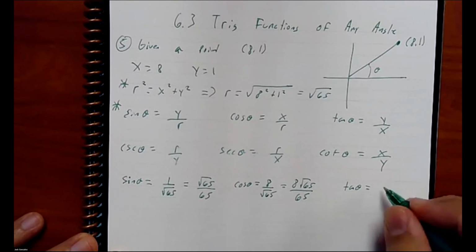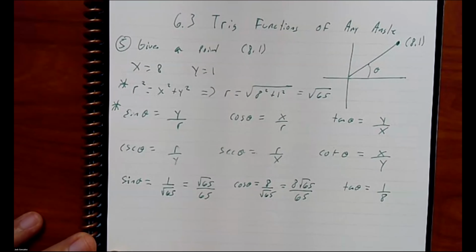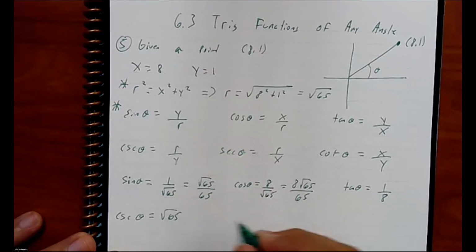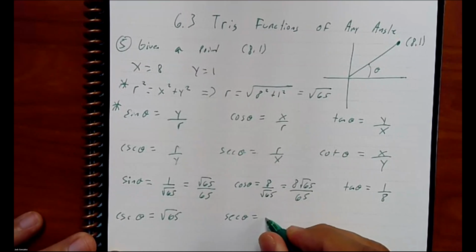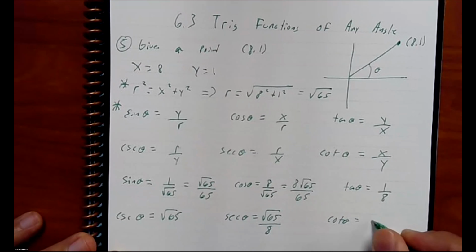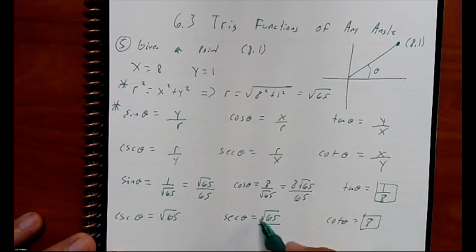Tangent theta will be equal to 1 over 8. Cosecant theta will be equal to square root 65. Secant will equal square root 65 over 8. Cotangent will equal 8. So here are my answers.